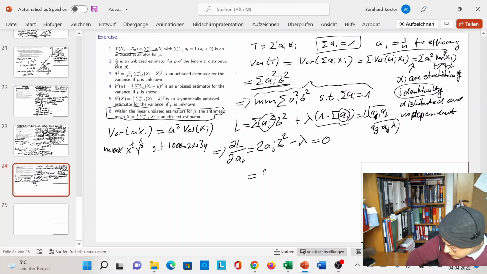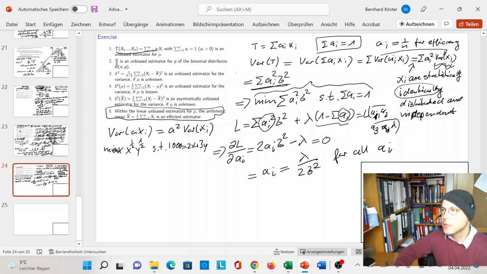So we obtain a_i equals lambda over 2 sigma squared for all a_i. Because this we have to do with respect to a_1, a_2, a_3, a_4, and so on.